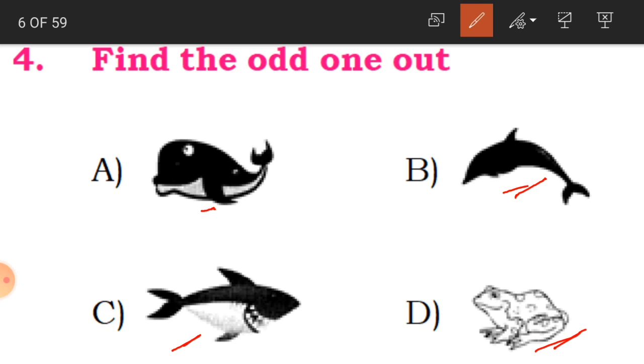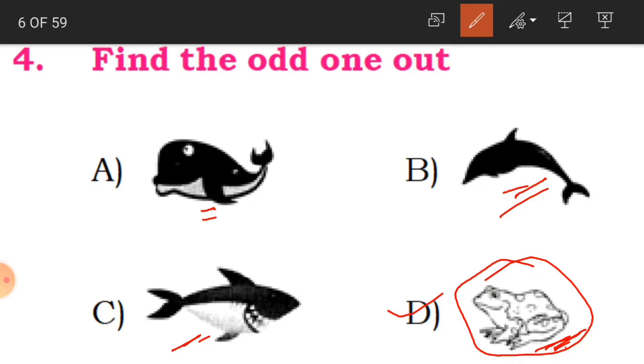If you see, children, these 3, A, B, C, are aquatic animals, in the sense they purely and completely live in water. And when it comes to the frog, this animal lives both on land and in the water. So that is why the frog is the odd one. Clear, children? So D option is the correct one.